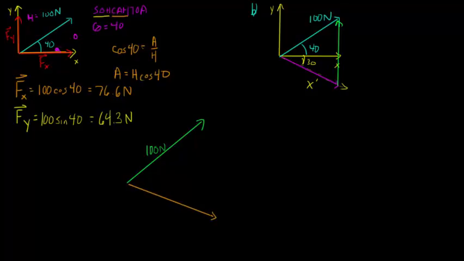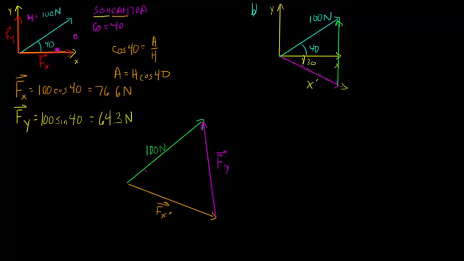I don't know what this length is, so I'm just going to call it f of x prime, and it's a vector. And I don't know what this length is right here, so I'm going to call it f of y, and it's also a vector.